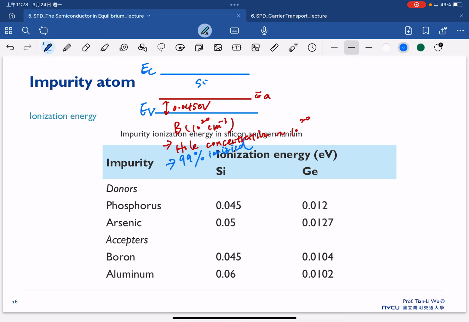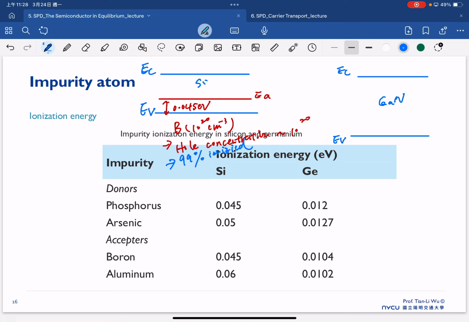Like, for example, in the case of the one that I'm very familiar with, gallium nitride. In gallium nitride, we still have the same EC and EV.